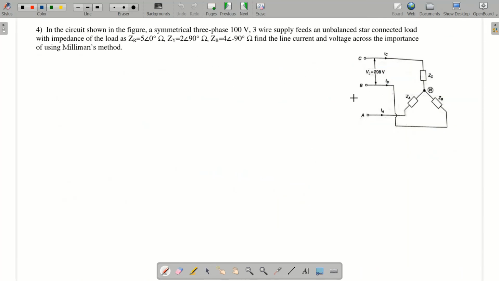Now, again, I think the figure is wrong here. We will redraw this figure.